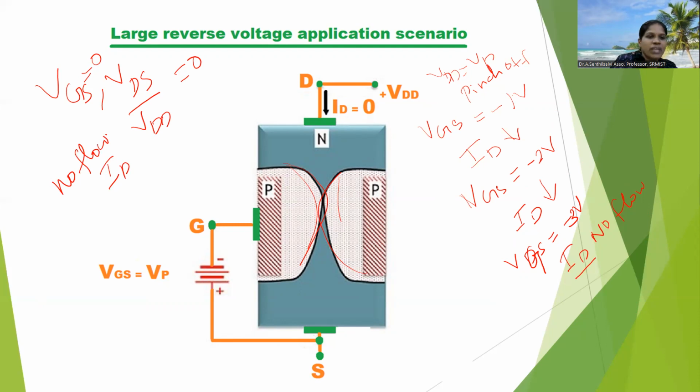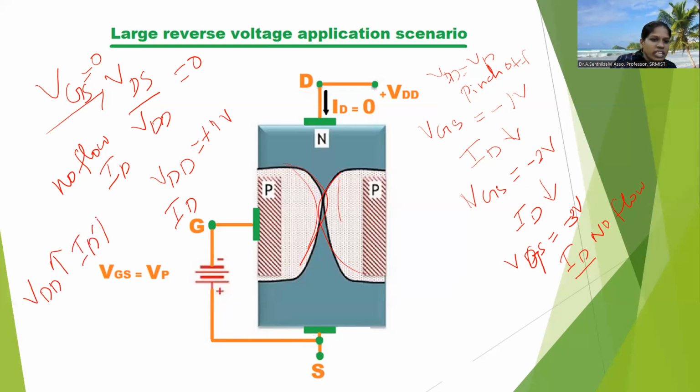Then we keep VGS equal to 0 and increase the VDD value as some positive voltage. At that time there is a flow of ID. If you increase the VDD value, the ID value also increases. At a particular point, called VP, there is no increase in the ID value. That point is called the pinch off value.